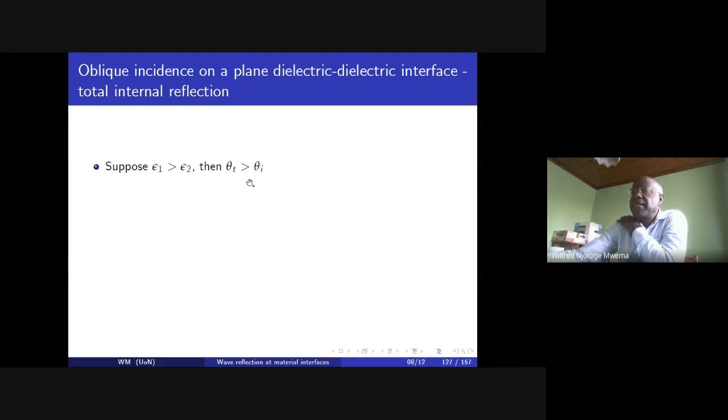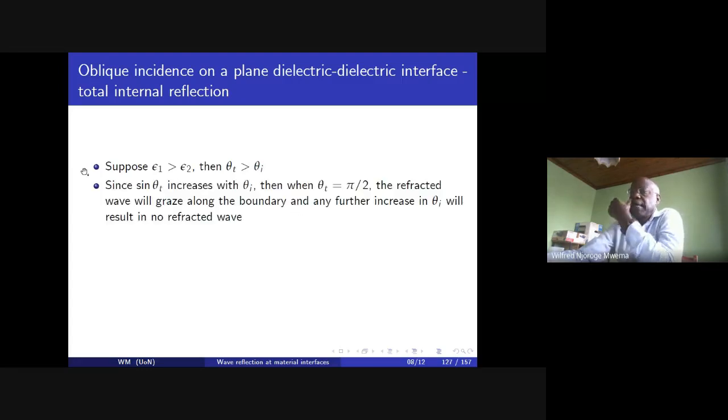And therefore we can expect that theta t is going to be greater than theta i. Now, since sine theta t will be increasing with the angle of incidence, when theta t becomes pi by 2 or 90 degrees, the transmitted wave is just going along the surface at the interface.